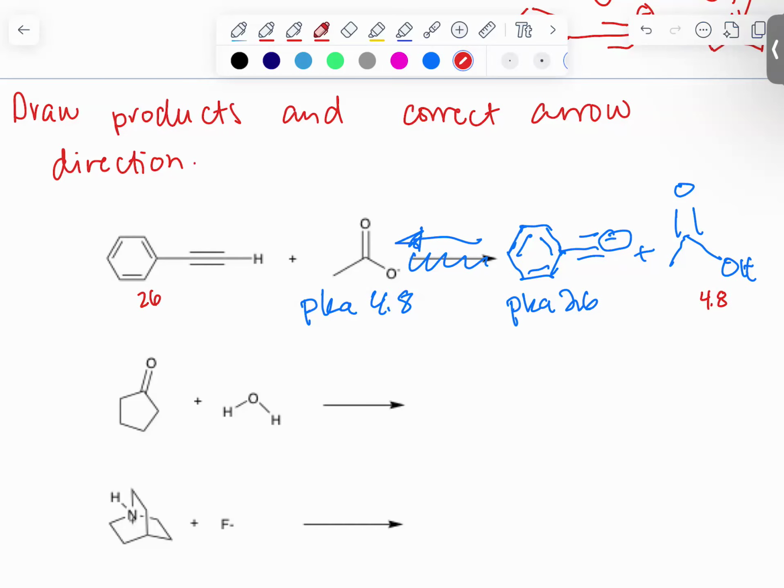Okay. So a carboxylic acid is a stronger acid, and that's what this functional group is a stronger acid than an alkyne. So that means it would more easily lose its proton than an alkyne. And that's why the direction keeps the proton on the alkyne instead of on the carboxylic. Yes? Okay. Other questions?